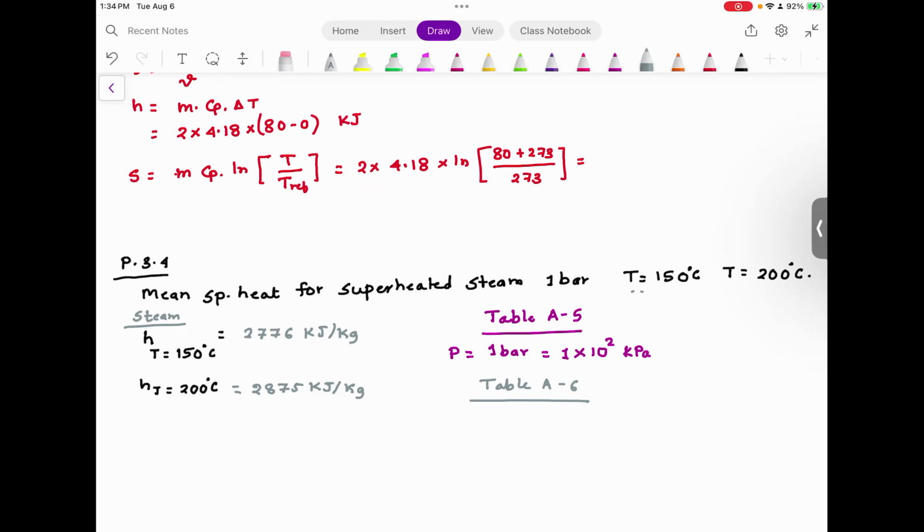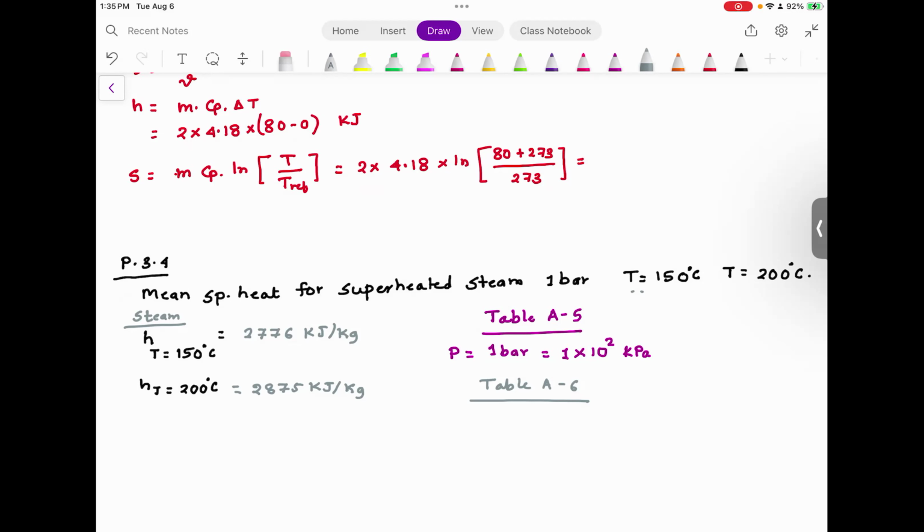Now, next thing, before we go any further, here is something else I want to show you. Now I want you to go to the chart. I have given you two charts. One is the Mollier diagram, where you have enthalpy and entropy.